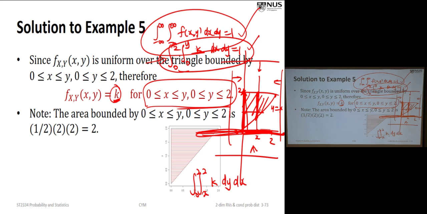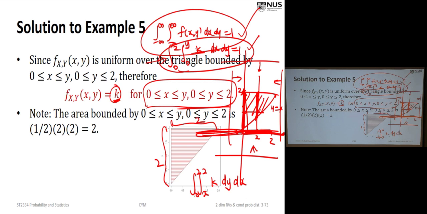After so much hard work, k turned out to be 1/2. And a simple approach for a uniform distribution is to just look at the area for which the PDF is non-zero. So the area of this triangle, what is the height? The height is 2. What is the base? The base is 2. So the area is 2.